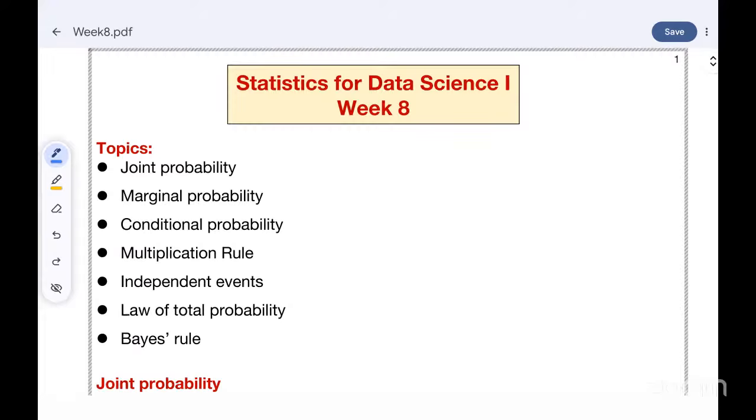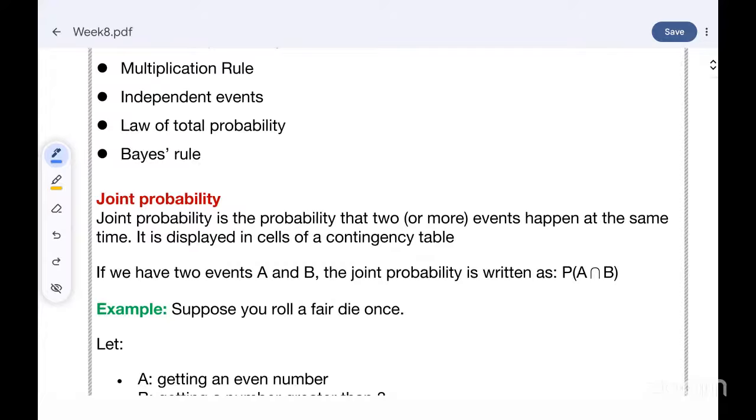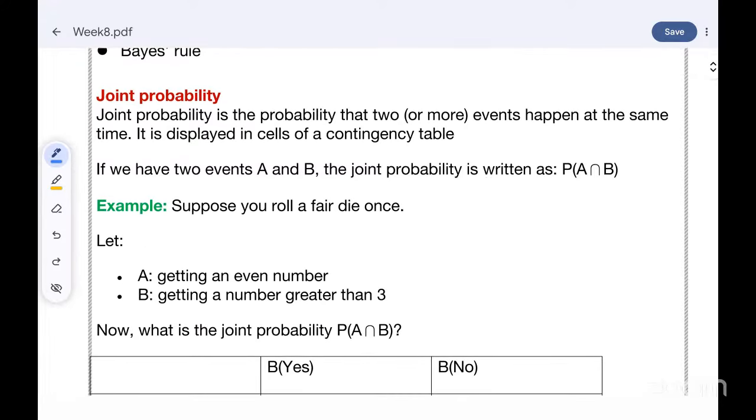So we'll start with what is called joint probability. In the previous week, you were already introduced to the basic properties of probability. So now we will see what is called joint probability. What is joint probability? As the name suggests, it is the probability that two or more events happen at the same time.